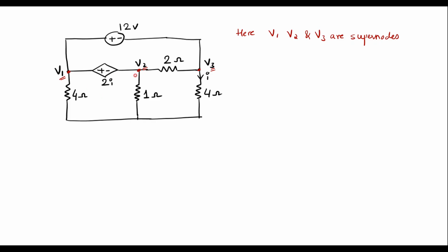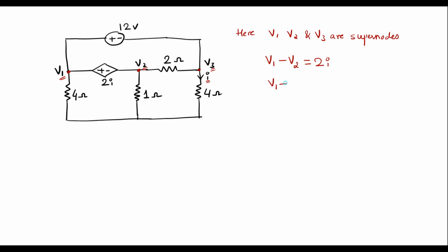So now we need to analyze supernodes first. Here we can say that V1 minus V2 is equal to 2I. So here I is nothing but V3 divided by 4.